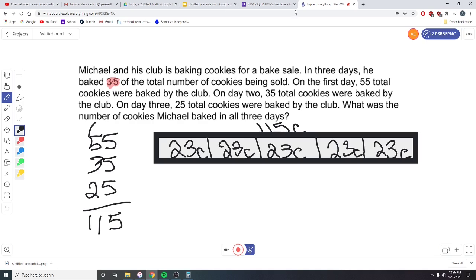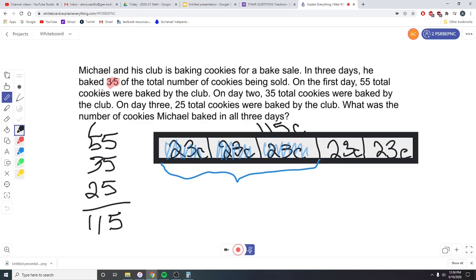Now, if you look at your fraction again, it says I want to take 3 of those pieces. So I'm going to take 3 of those pieces. I'm going to highlight in blue, I'm going to take this one, I'm going to take this one, and I'm going to take this one. I took 3 out of the 5 pieces. So that means I have to add all of these pieces together.